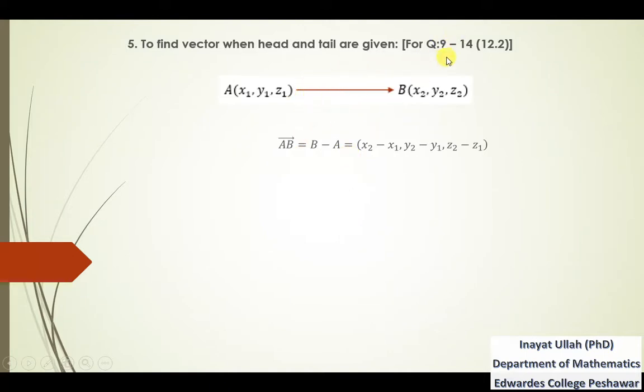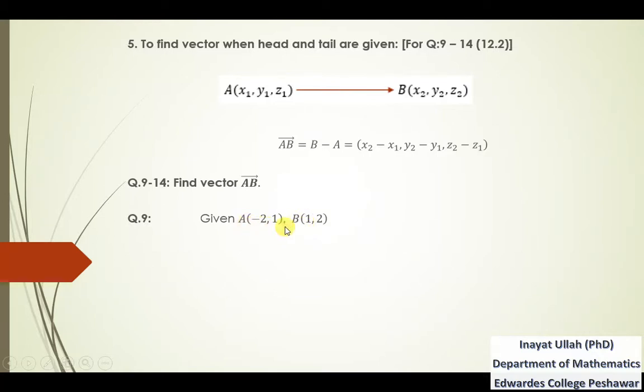So that is the AB vector, and this definition is for questions 9 through 14 of exercise 12.2. We are asked to find a vector AB. In question number 9 we are given the tail A of the AB vector, minus 2 comma 1, and the head B is 1 comma 2. It means that it is a 2D vector.